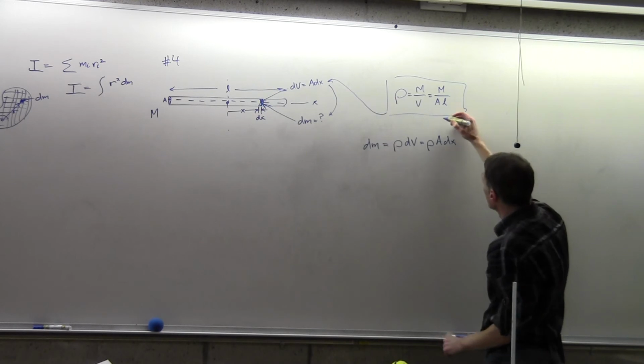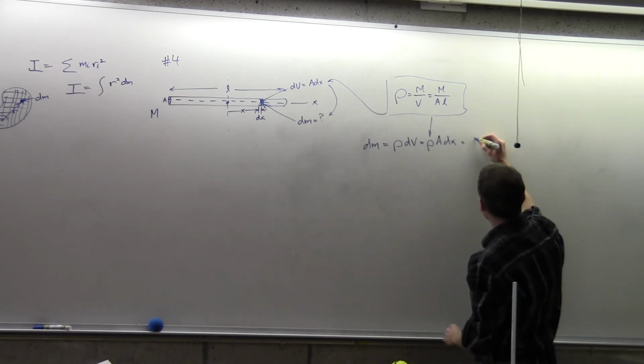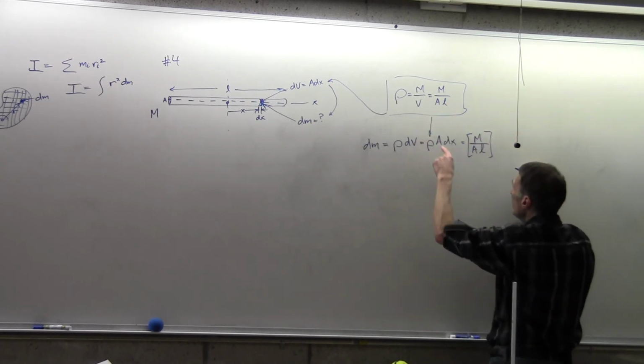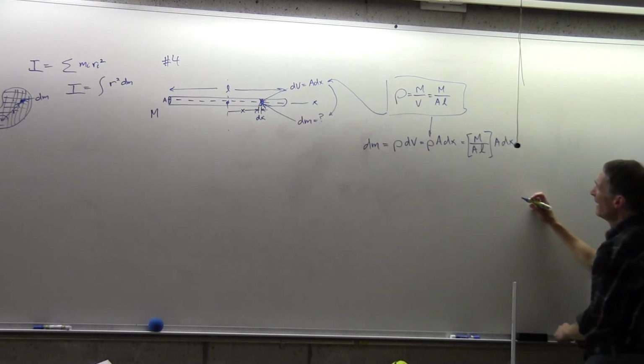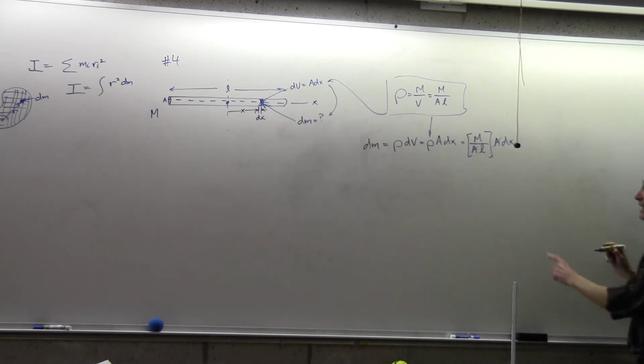And if we put this idea of the density in with this thing, the density is the mass over the area times the length. Okay, so that's density times the area times dx. And you'll notice that the area drops out. And we didn't really need it.